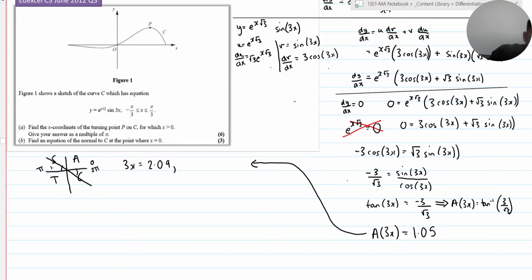Remember, this here is 1.05, this here is 1.05. So 2 pi shift pi minus 1.05 is equal to 5.23 for that one. Remember, these are in radians.